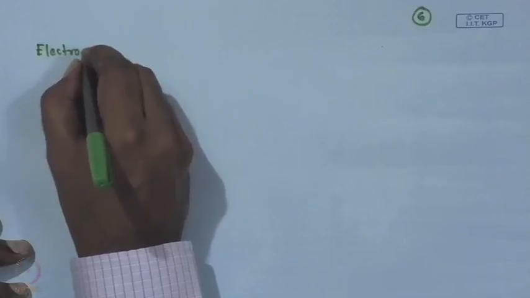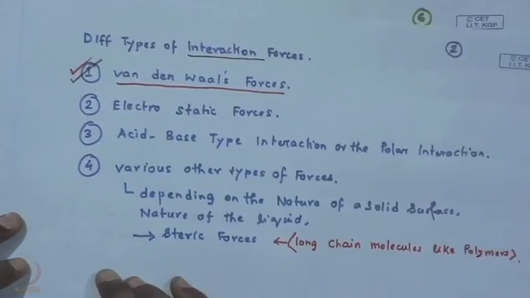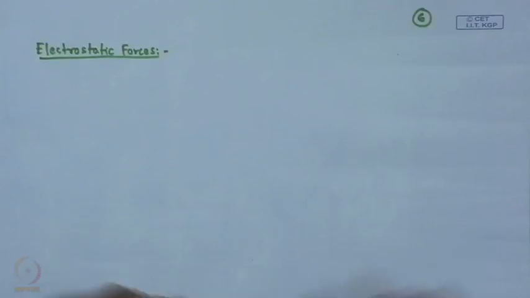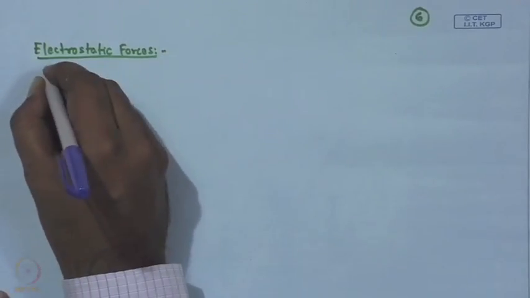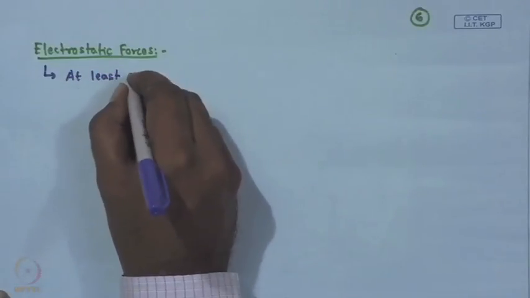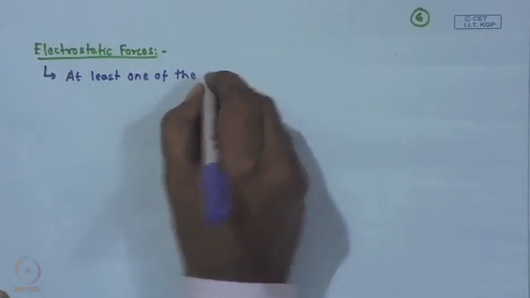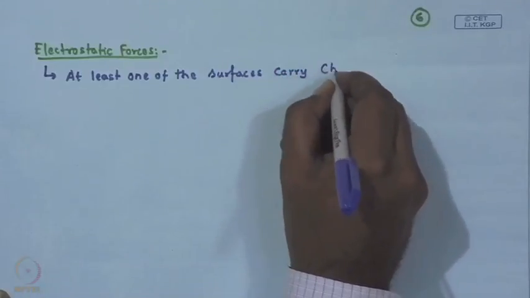These electrostatic forces, the second type of forces that we talked about, are operative when at least one of the surfaces carries charge.